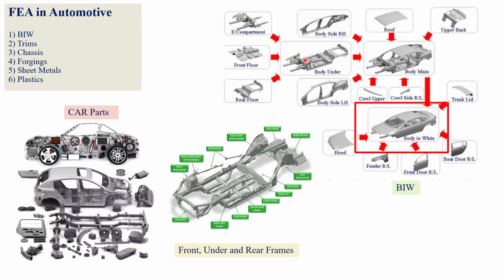So assemble these two, and then we go ahead with the left hand side and the right hand side body sides, and then we have the rooftops and the upper back, and then all this will be assembled to the main body, and then we have the upper cowl, and then the low cowl, and then we have the trunk lid.